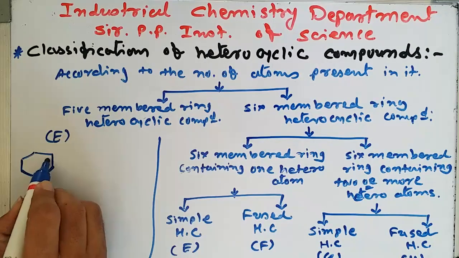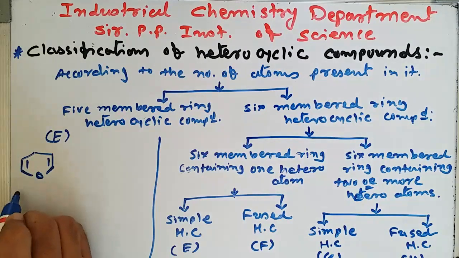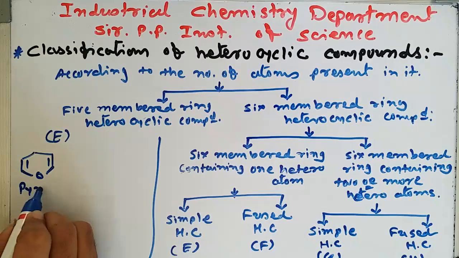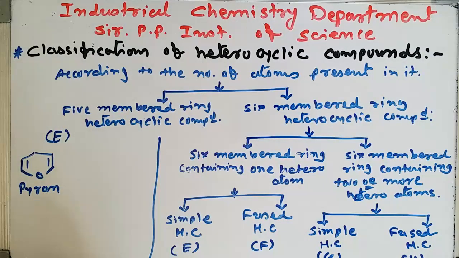It is known as pyran. This is a six-member ring with one heteroatom, pyran.